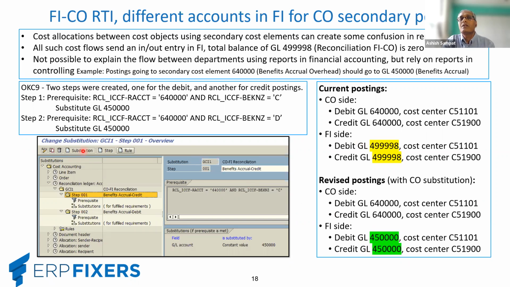One can do that through CO substitution, OKC9, where we introduce these two steps: a prerequisite that if the account is this and the debit side is this, substitute it with this GL account, and if the debit credit indicator is D, then substitute with this account. That's something a lot of clients have done. Again, this is an optional feature, but sometimes it can be useful for differentiating what type of posting comes in from the CO side. Yeah, that's the example.